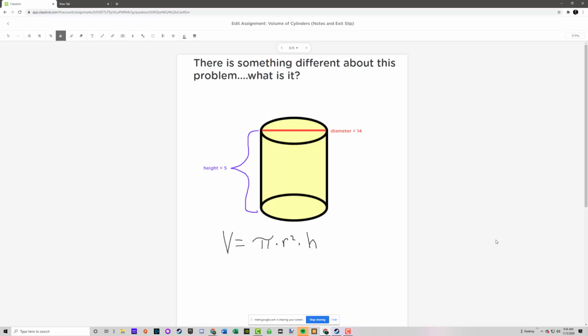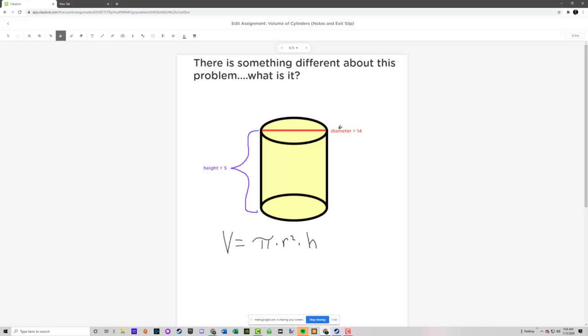And you guys are correct. On the shape, we have diameter given to us this time instead of the radius. Now, if you look at the formula here, the formula does not have diameter listed as one of the ingredients. We have pi, we have radius, and we have height. Not diameter.